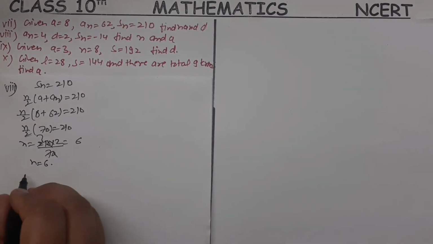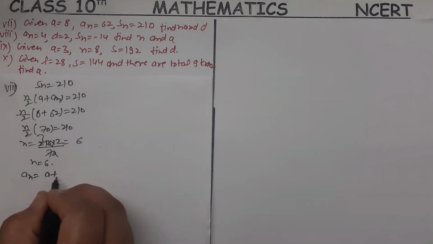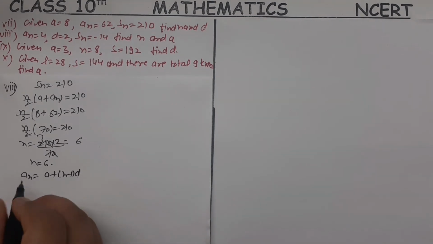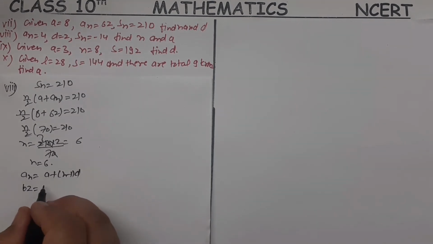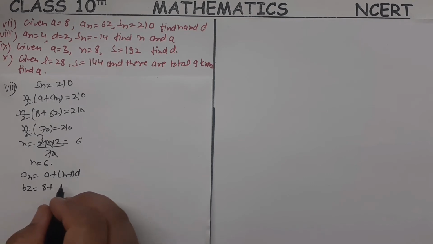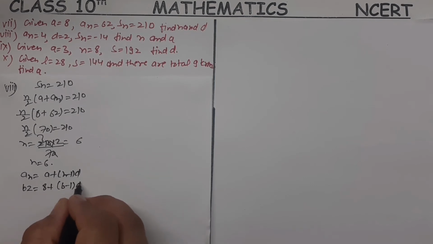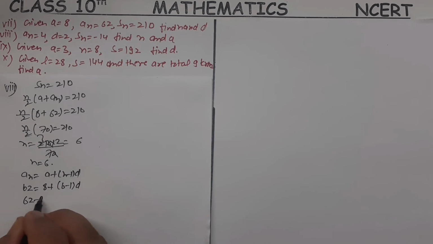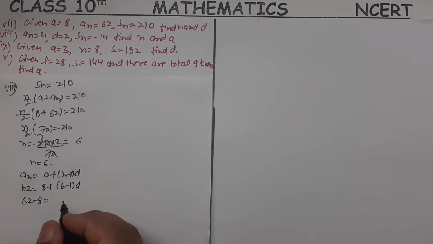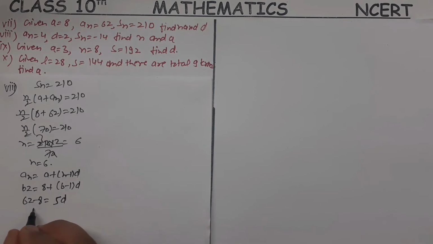For finding d, write the formula of a_n: a plus (n minus 1)d, here a is 8, n is 6 minus 1, d. 8 comes to the left hand side, becomes minus, 5d. Subtract: 54 by 5, that is the d answer.